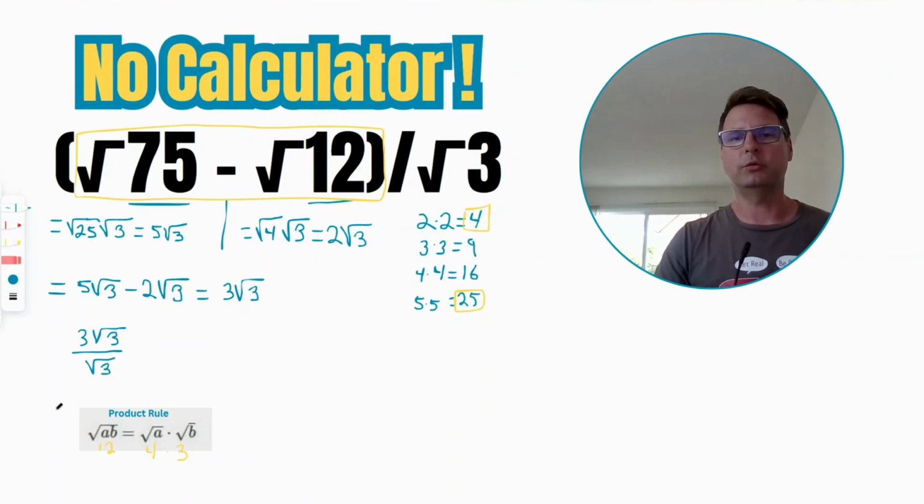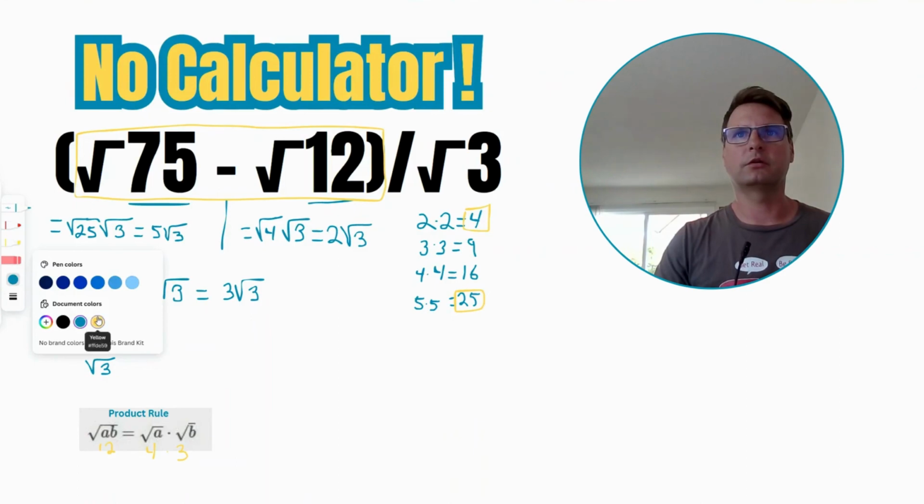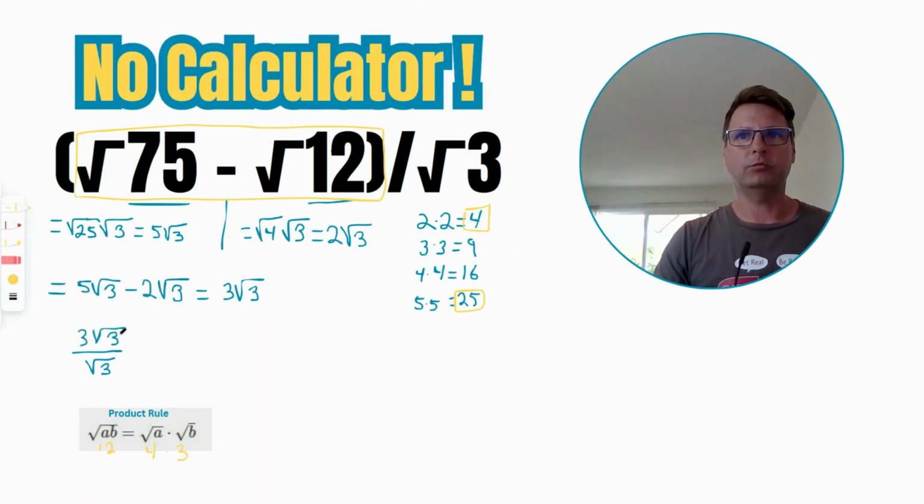So what should we do here? Can you see it? If we have the same number in the numerator and denominator, can we cancel those out? The square root of 3 and the square root of 3 are the same number. So those cancel out, and we are left with just the number 3.